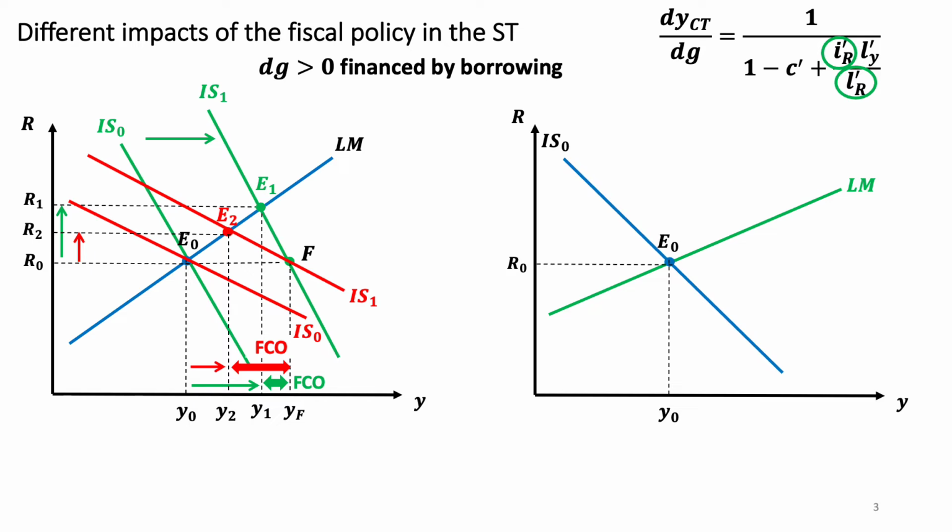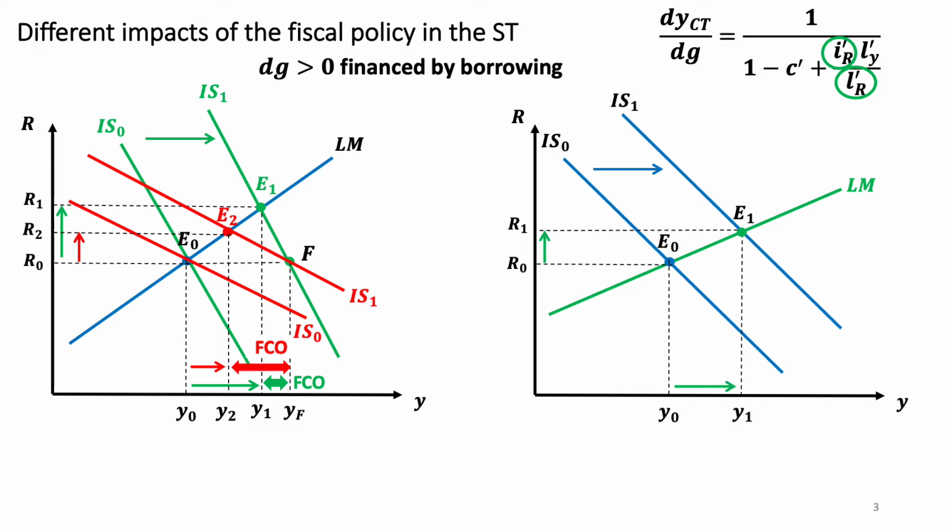Let's now focus on LM. The more LM is steep, the less the money demand is sensitive to the interest rate. We start at E0 with an LM curve that is not very steep. After IS shifts to the right, to reach the equilibrium on the money market, we need an increase in the interest rate.